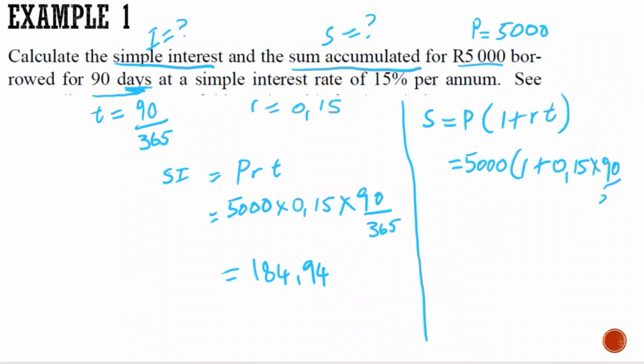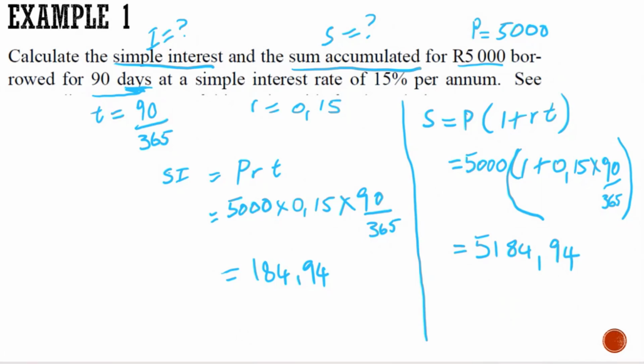So I am applying the idea of substitution. Making sure that you are substituting everything correctly, and then you just plug this into your calculator. You'll find that your accumulated amount is going to be 5184,94.